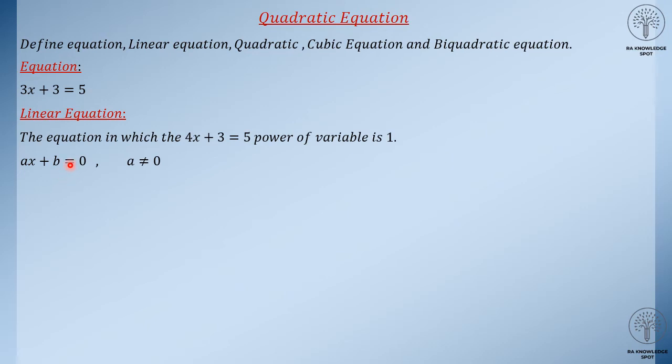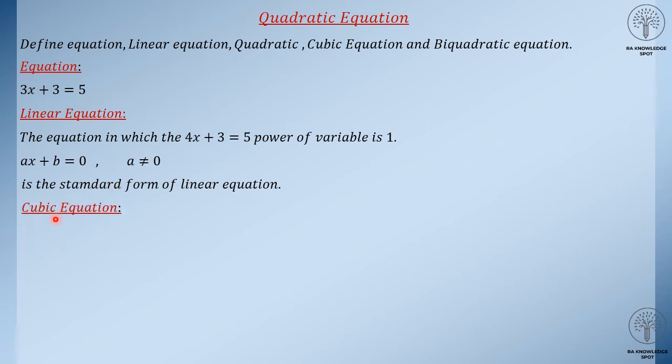It means you will no longer have a linear equation. Okay. Now, this is something very important: a should not be 0. Now, in this equation, what will not be 0? 4 will not be 0. Okay. Moving towards the next. Now, this is actually called the standard form of the linear equation.